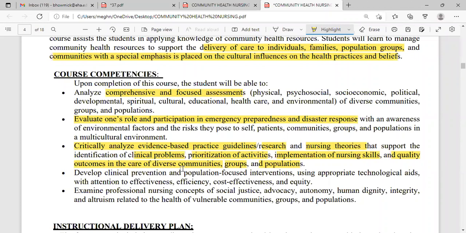So basically, this program or this course, or when you review all of the modules, use a nursing concept of organizing the framework.